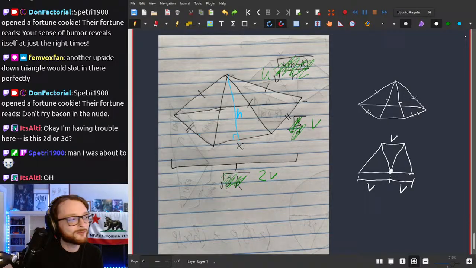It feels like there should be something with ratios that we could work out here. I just feel like it's gonna be very tricky.